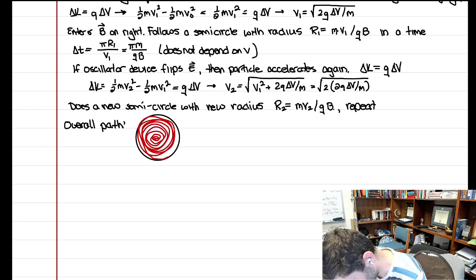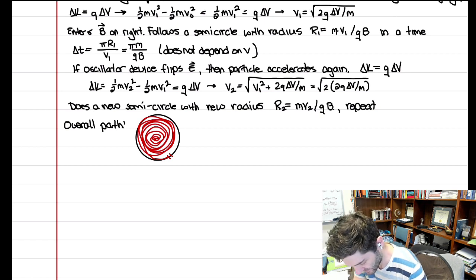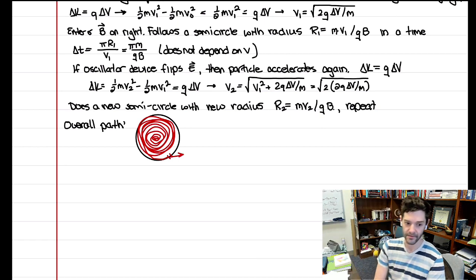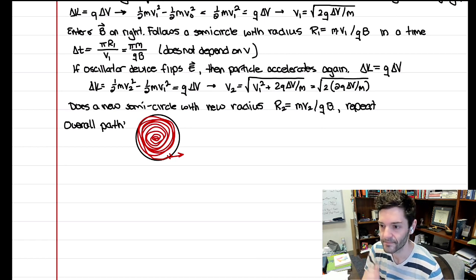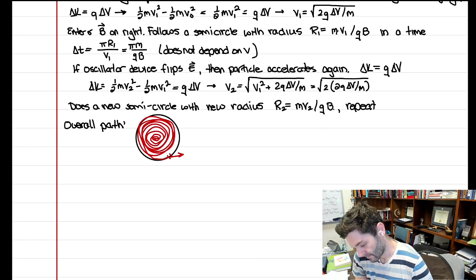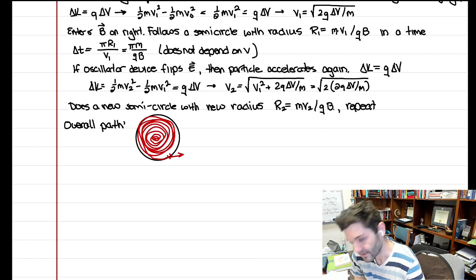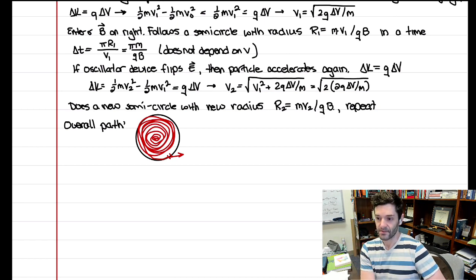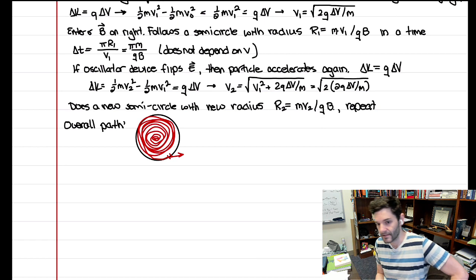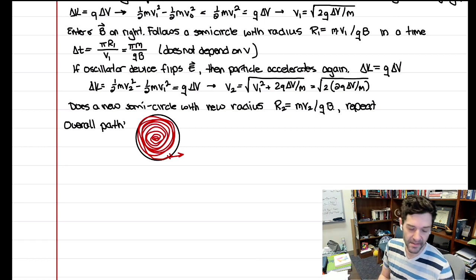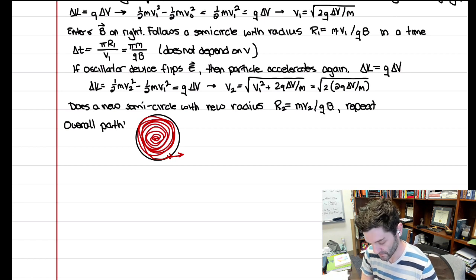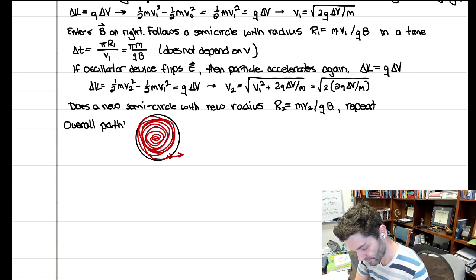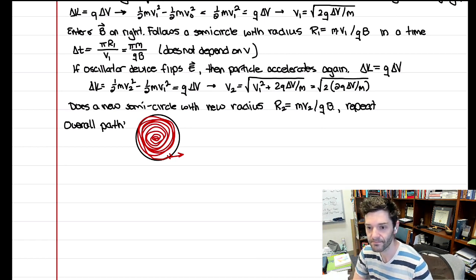And then eventually it gets to the end where there's some detector that will, through probably other magnets, redirect the path, and the particle can shoot outward instead of continuing on the circle. And again, this is what particle accelerators can do. You can spin things up and get them to very, very high speeds. If they start getting really fast, then you have to switch over to synchrotrons instead of cyclotrons.